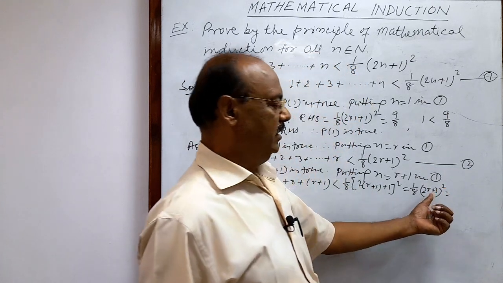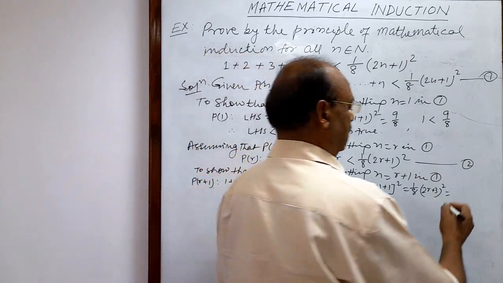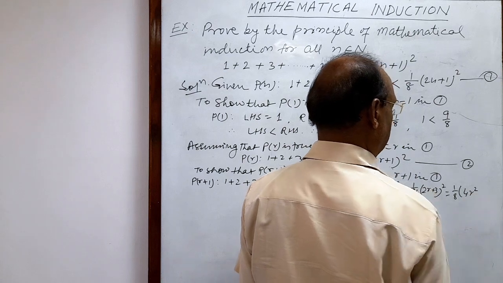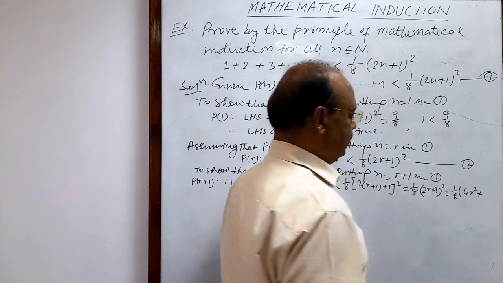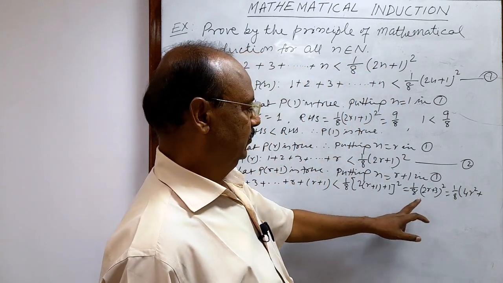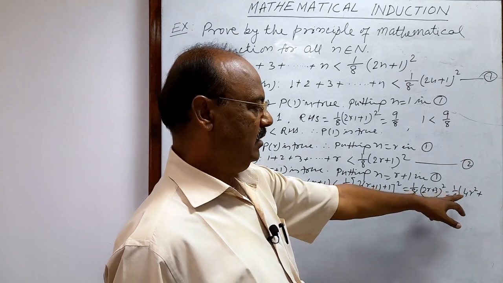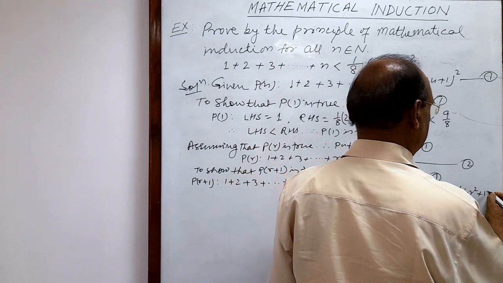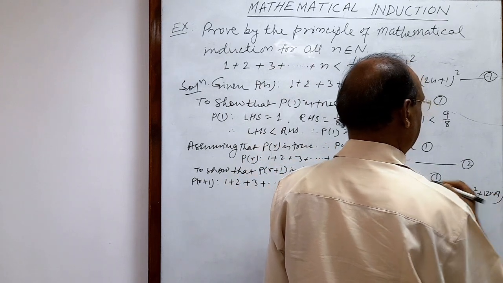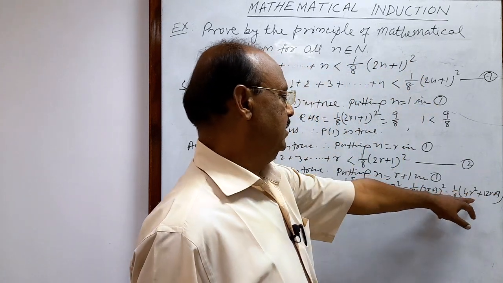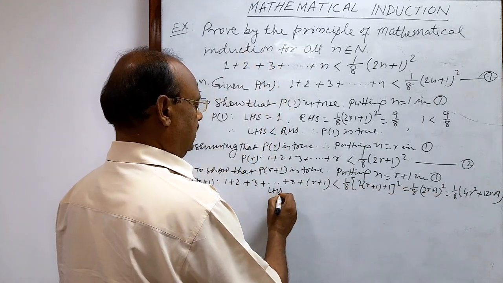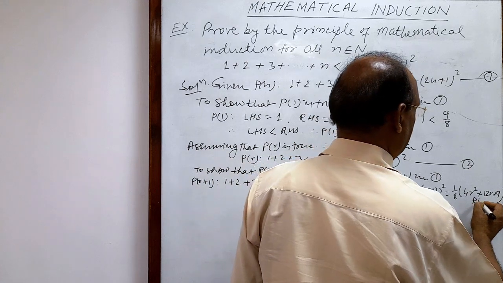And after squaring this term, we will get 1 by 8, 4r square plus 12r, using a square plus twice ab plus b square, plus 9. So this is the right hand side and this is the left hand side. This is LHS and this is RHS.